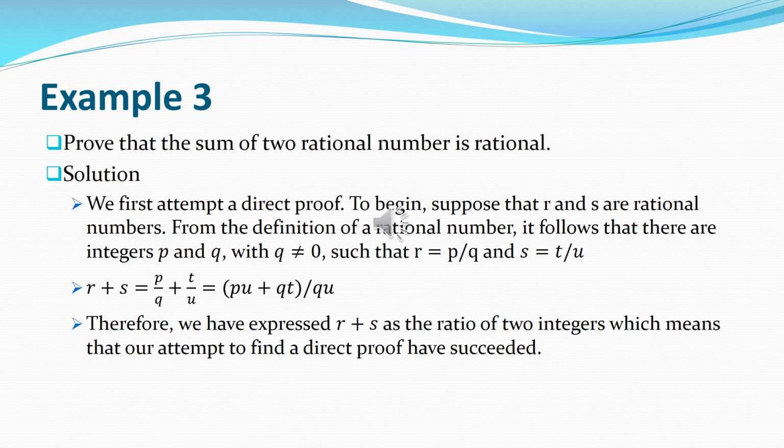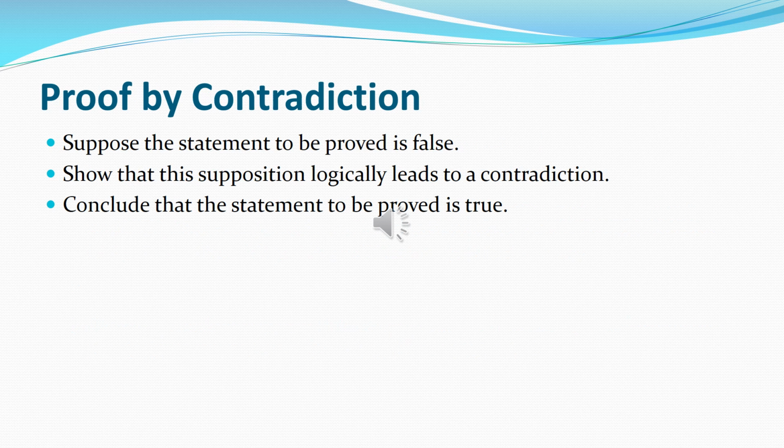So the sum of both, p divided by q plus t divided by u, gives you pu plus qt divided by qu. Therefore, we have expressed r plus s as the ratio of two integers, which means that our attempt to find a direct proof has succeeded.